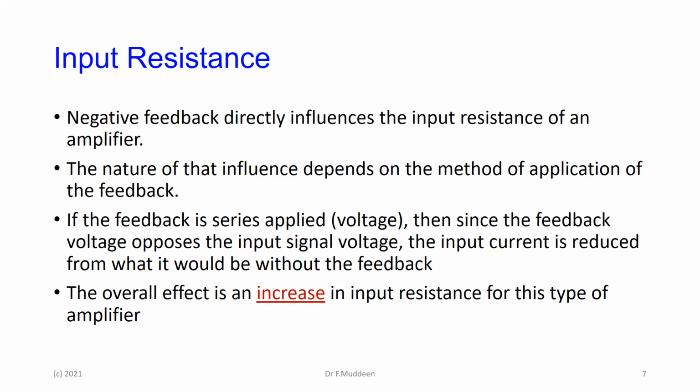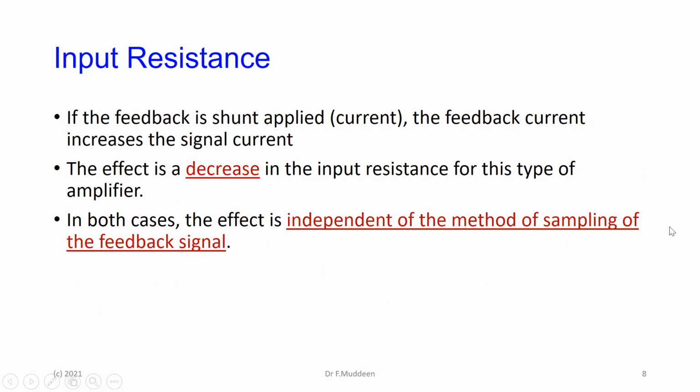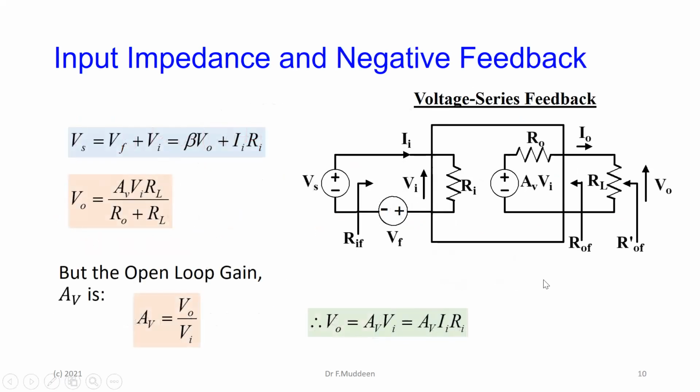As far as the source is concerned, if I'm something supplying current to a device, and the amount of current I can supply is being limited, it means that I am seeing a high resistance going into the device. So if the feedback applied is voltage, then we see an increase in input impedance. If the feedback is current, then the reverse applies.